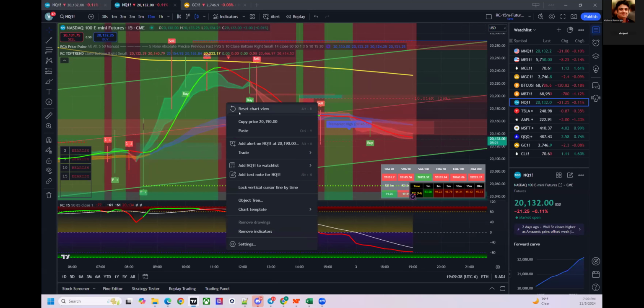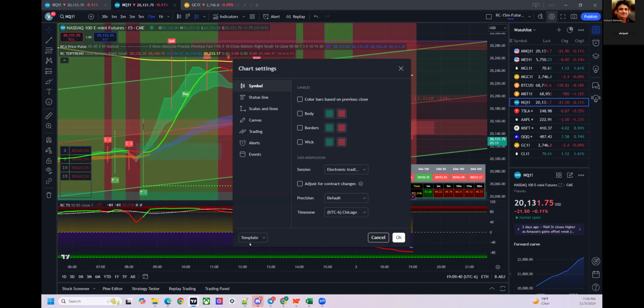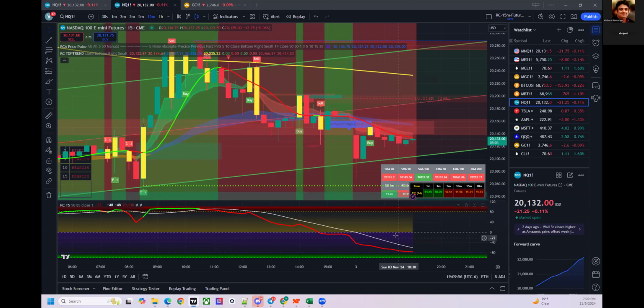Settings. Yeah, you have to select that body, border. You have to enable those. For these two things, body, wick, and wick border. Wick also you can. Yeah. Okay.